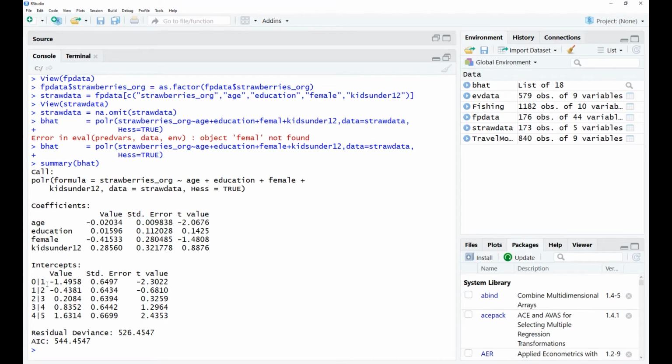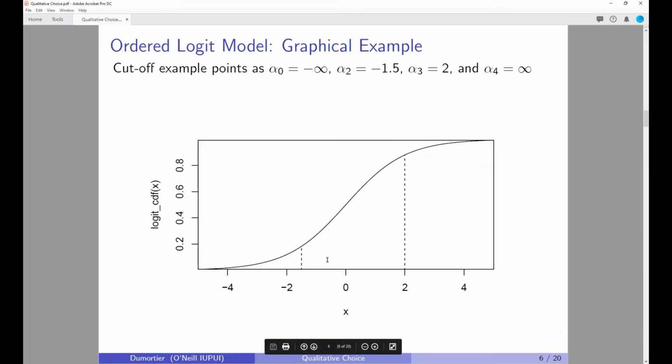Note that R also calculates the cutoff values between the various categories. If you're thinking back about this graph, I had an example where the cutoff was at negative 1.5 and at 2.